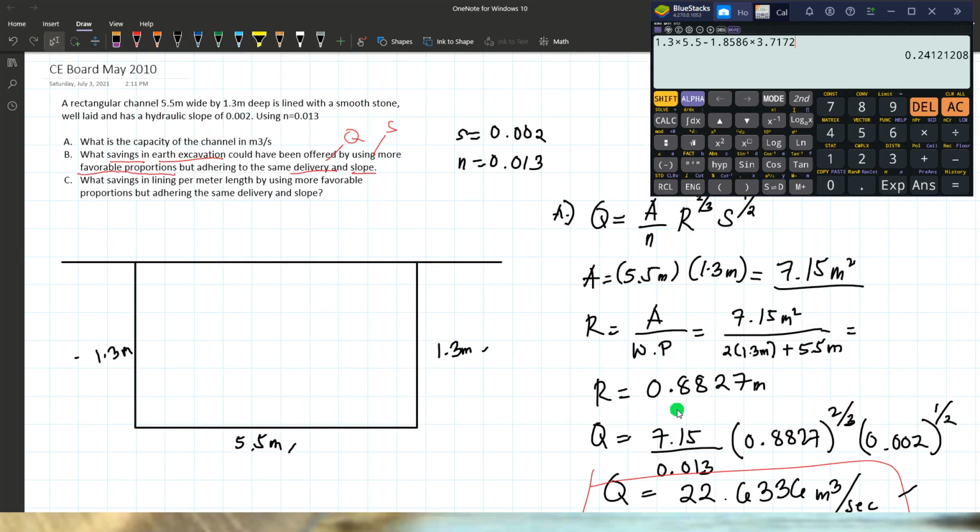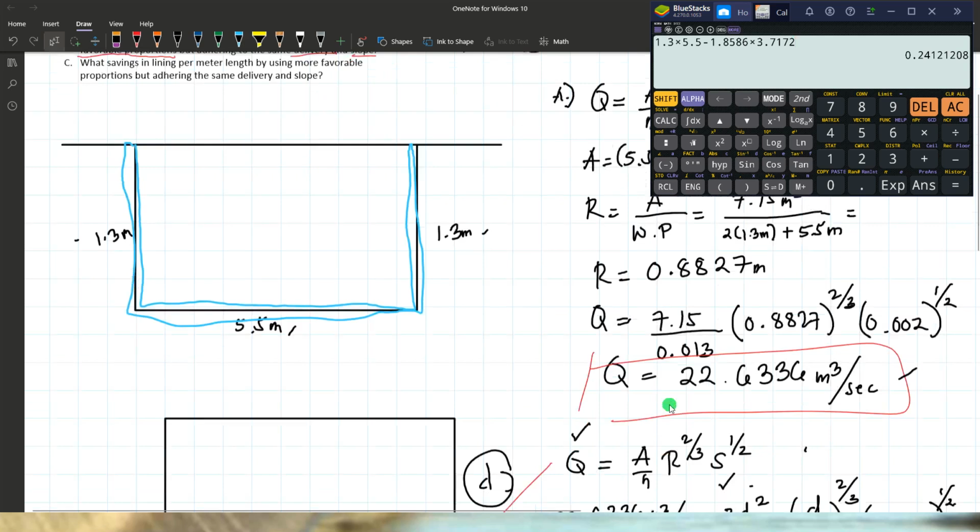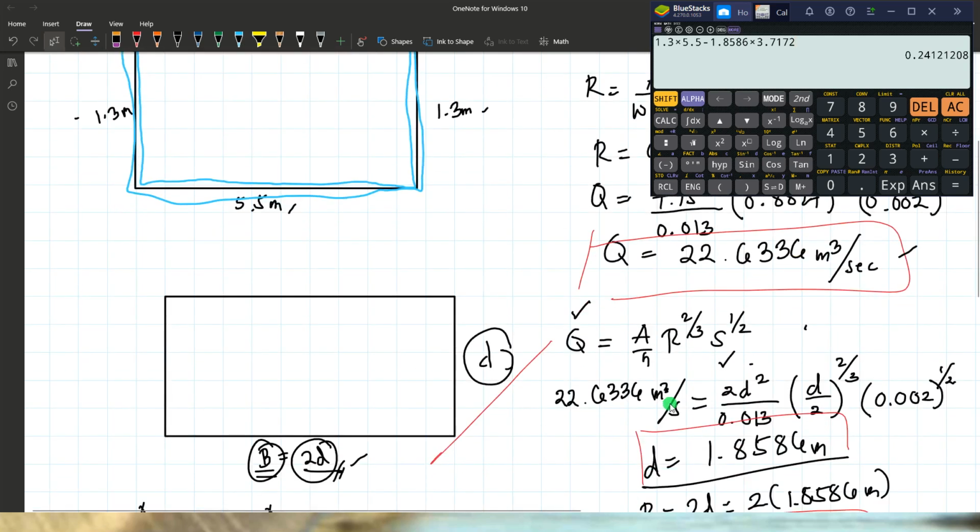Since we will put a lining of smooth stone, again comparing the two dimensions, what will be the total perimeter of this lining that will be saved when you use the most economical section?